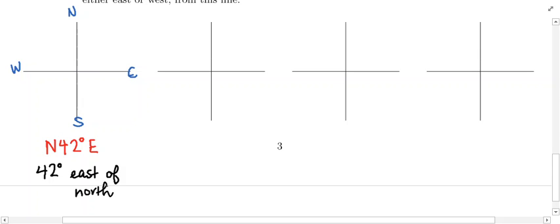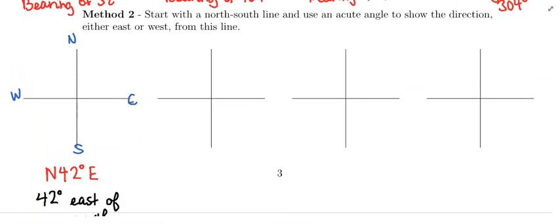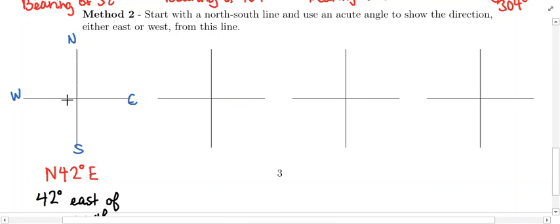You're going to rotate 42 degrees east of north. So what you would do here is align yourself with due north, and then rotate 42 degrees towards the east.